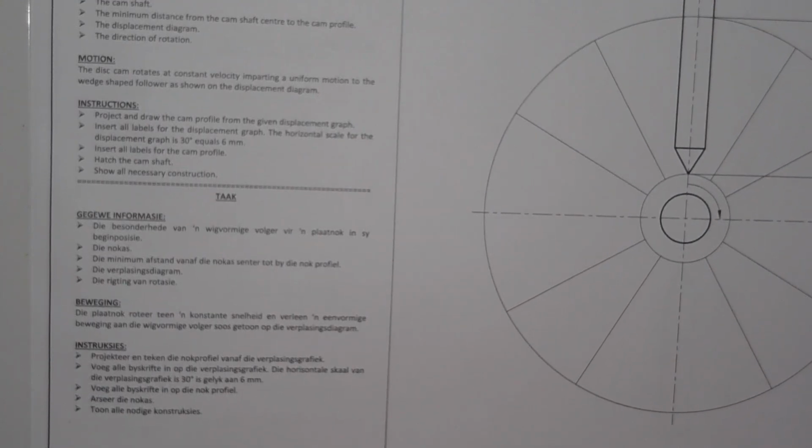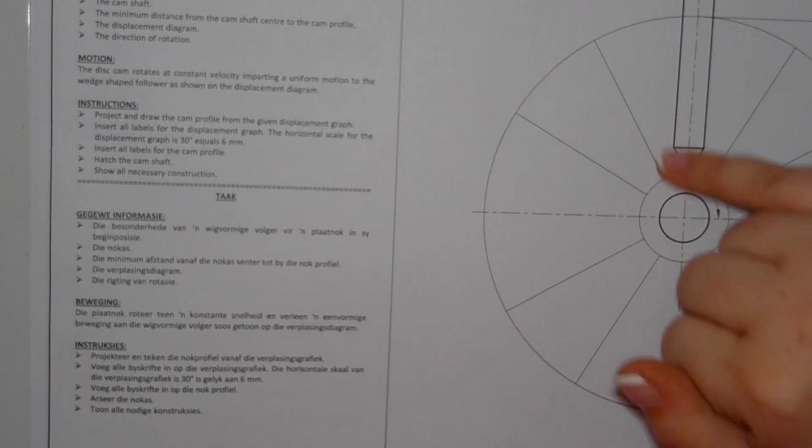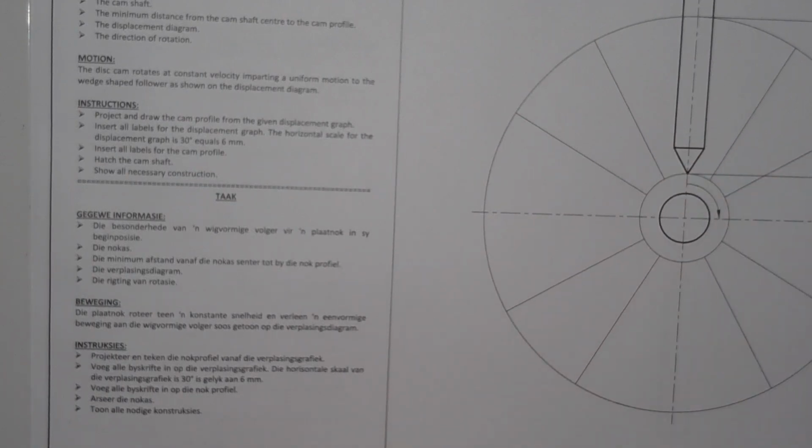Given information is the detail of a wedged-shaped follower, so this thing, wedged-shaped follower, for a disc cam in its starting position. So this will be 0.0.